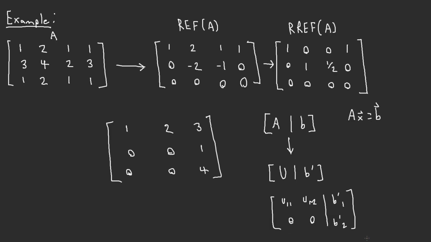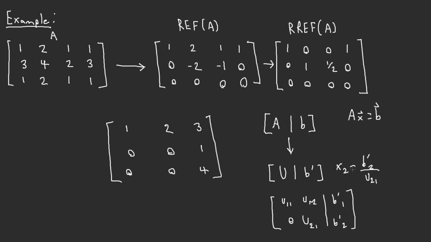And so when we get to this stage, we know that there's either infinitely many or no solution to our system of equations. But if instead we get to this point where we have an entry here, u21, and this entry is not equal to 0, then I can tell you for sure that this system is going to be solvable, because I can tell you right off the bat what the solutions are. The second variable is going to be b prime 2 over u21.